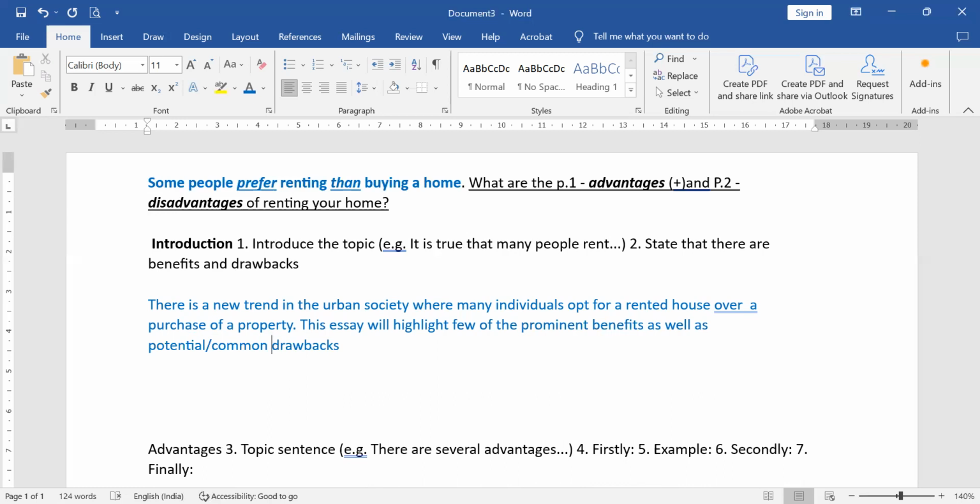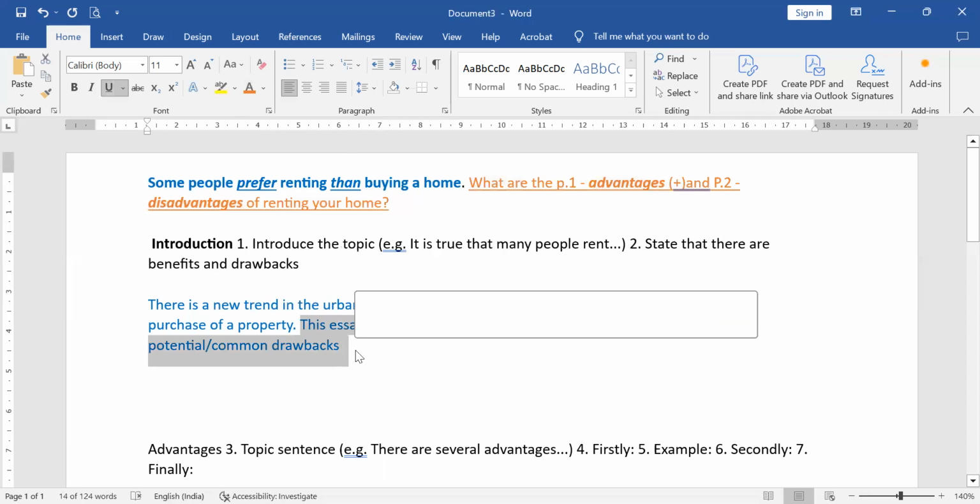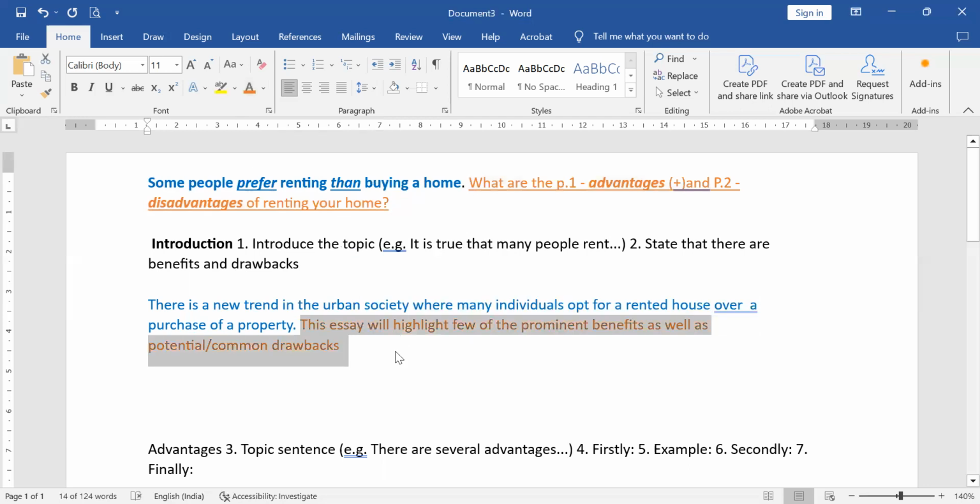Potential means there's a possibility. Okay. Common drawbacks means generally people who rent or buy, they have these drawbacks. Okay. Do you understand? I just changed the same sentence, whatever it was, to this sentence with a few more additions.